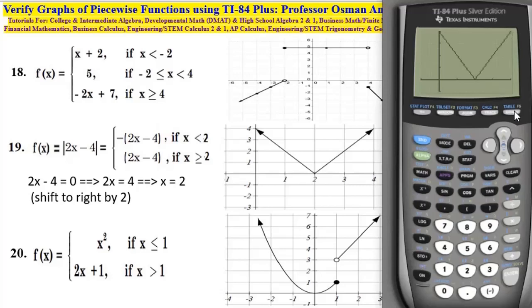Okay, so this graph is f of x equals x squared if x is less than or equal to 1, and it is 2x plus 1 if x is greater than 1.